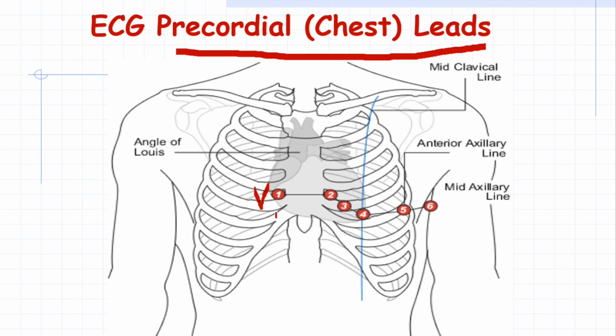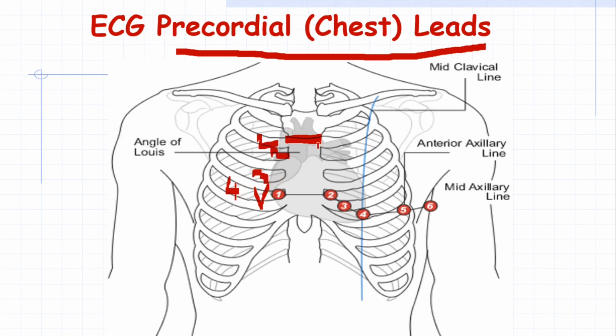Let us see the placement of all the 6 chest leads. The V1 is kept at the 4th intercostal space, right side, just lateral to the sternum. So how to count the intercostal space? Take this point, manubriosternal joint, that is the sternal angle where the second rib is attached, and below the second rib the second intercostal space is there, then one rib below that is third, and likewise we will be getting fourth.